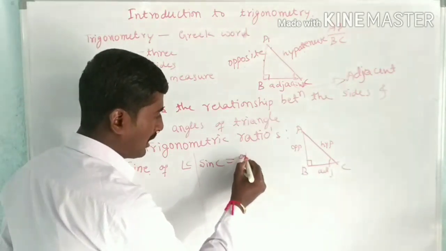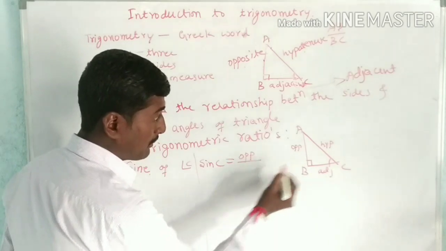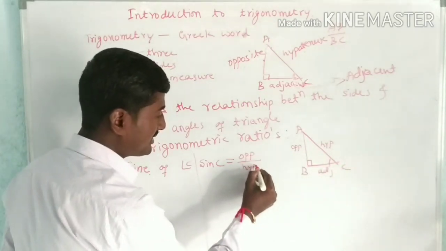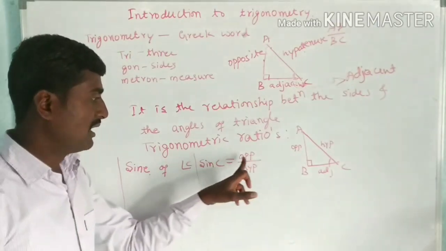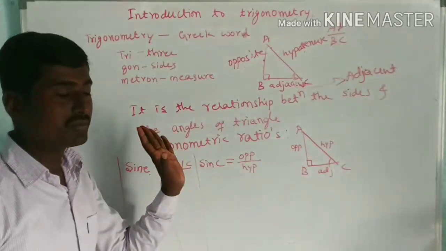That is, opposite side divided by hypotenuse. This is the definition of sine: opposite by hypotenuse.